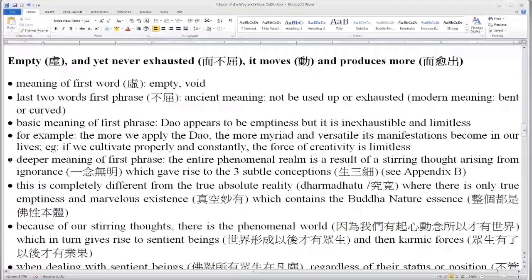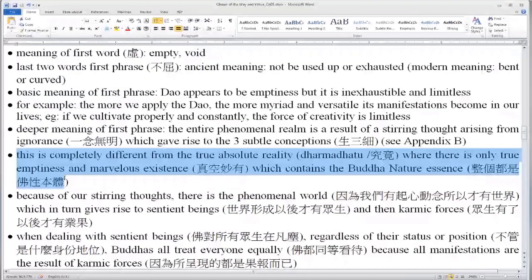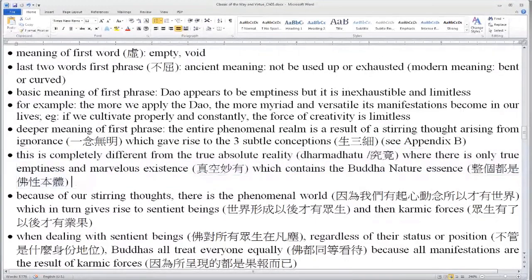Now, this is a completely different situation. This phenomenon is from the true absolute reality, or what we call the Dharma Dhatu, where there is only true emptiness and marvelous existence, which contains the Buddha nature and essence.